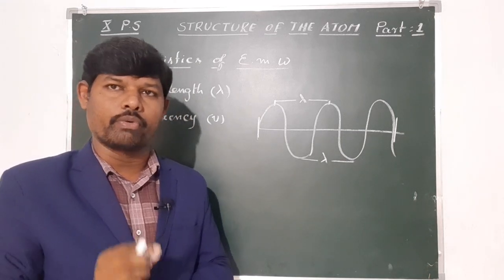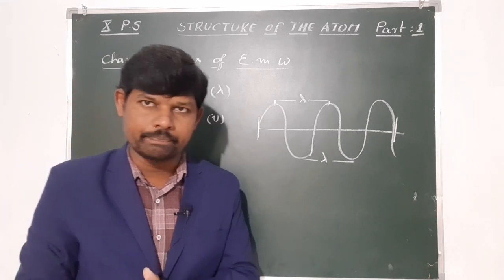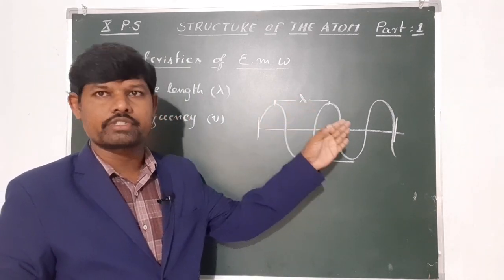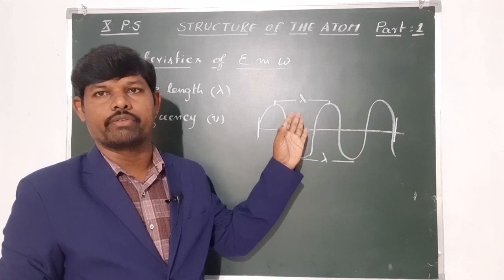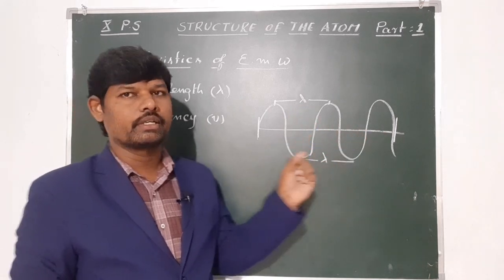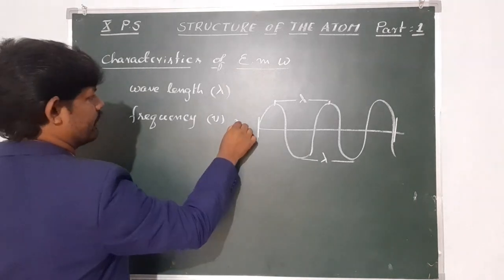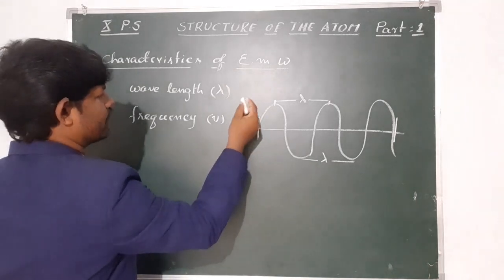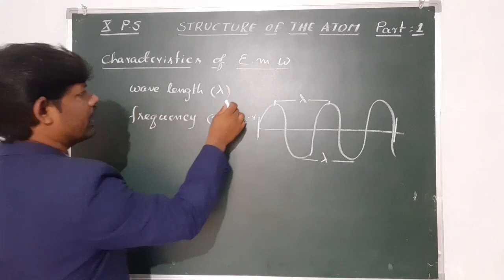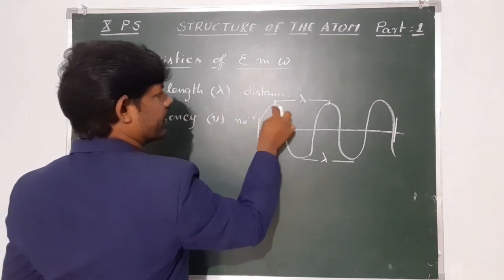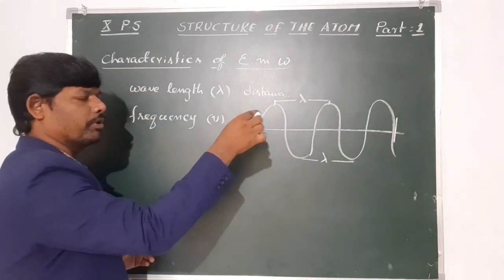That means how many waves are produced. Simply, frequency is a number and wavelength is a distance, the distance between two wave peaks.